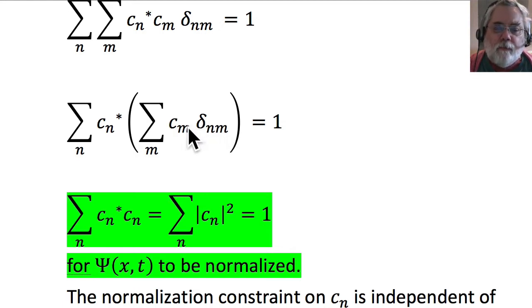So the only term of this infinite series that's going to survive is c sub n, where m equals n. So we get c sub n. So the sum over all n of c sub n conjugate c sub n, well, that is the magnitude of c sub n squared. So when the sum over n of magnitude of c sub n squared equals 1, then that wave function is normalized. That's the normalization condition.